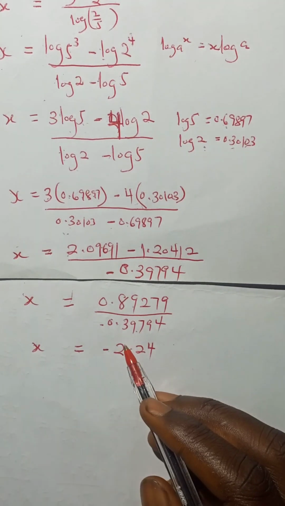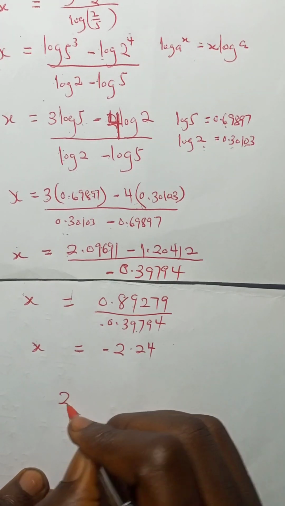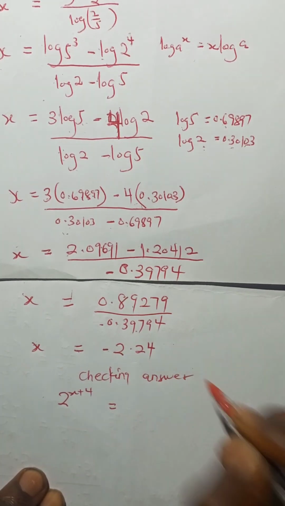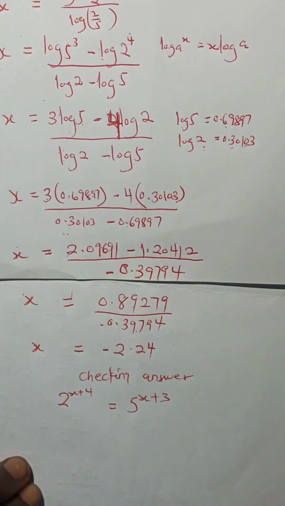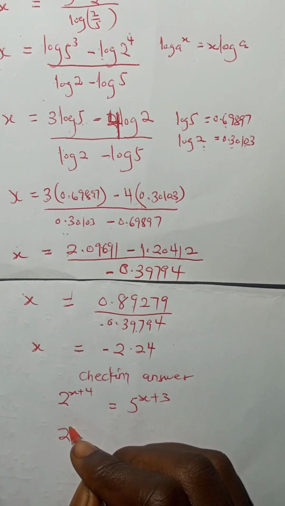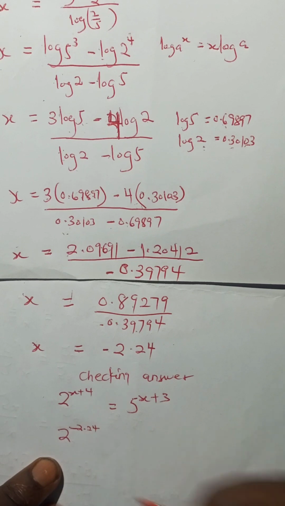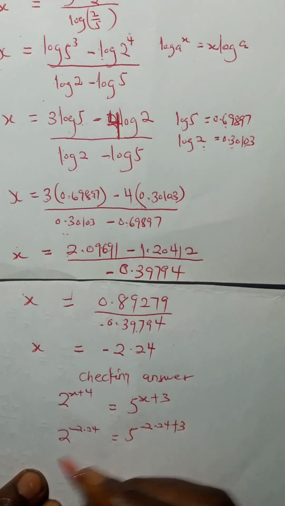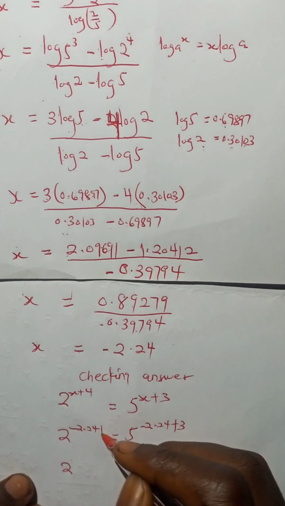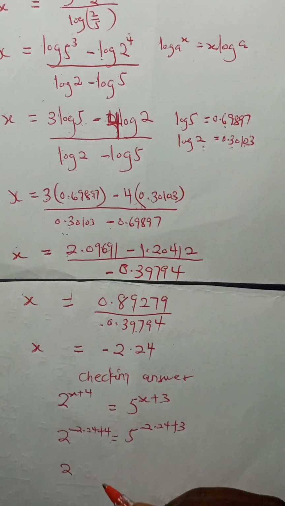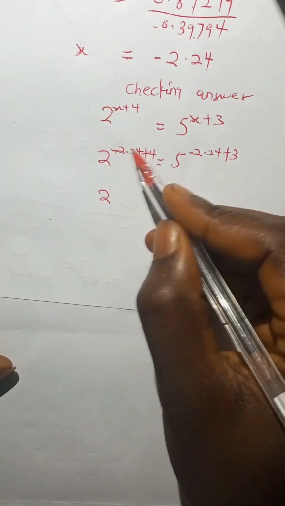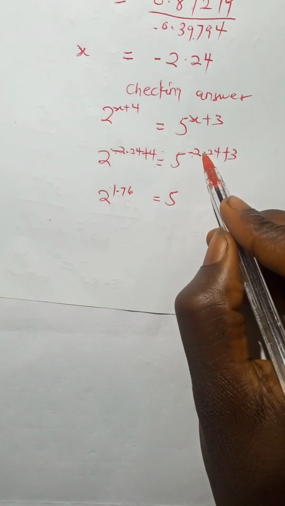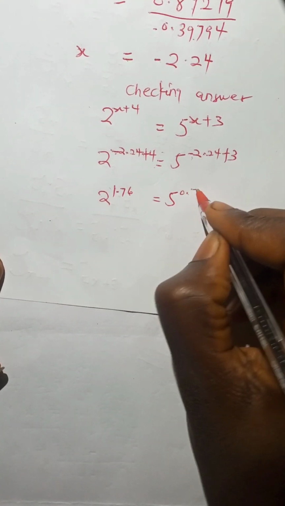So let's check our answer. The question was 2^(x+4) equals 5^(x+3). So we substitute x, which we know to be negative 2.24: negative 2.24 plus 4 will give us 1.76, and 5 exponent negative 2.24 plus 3 equals 0.76.